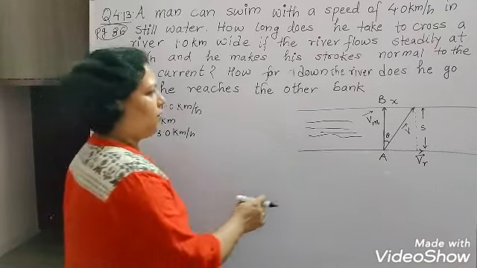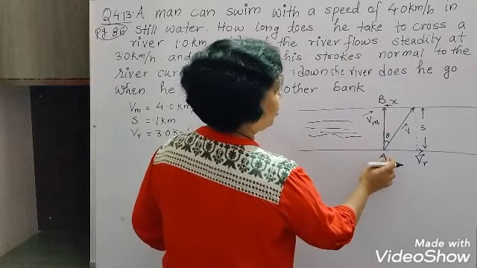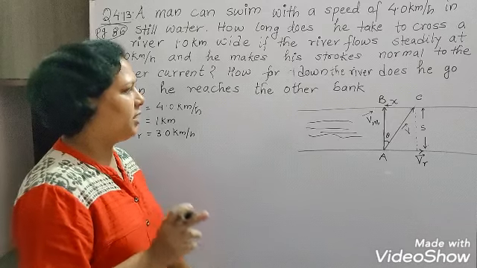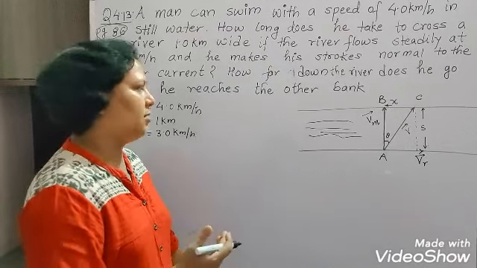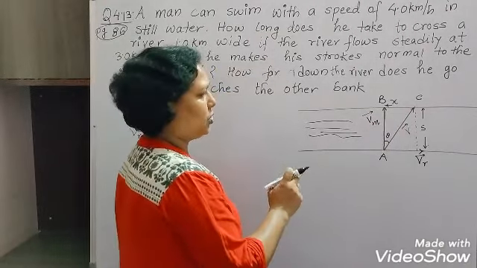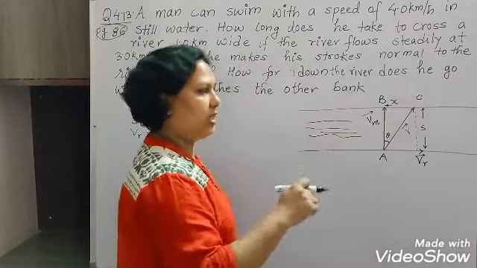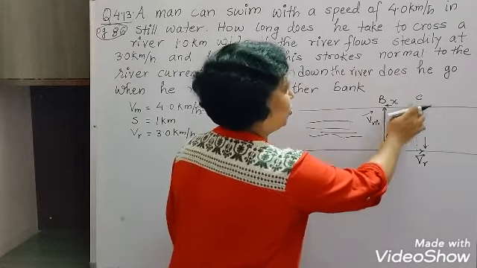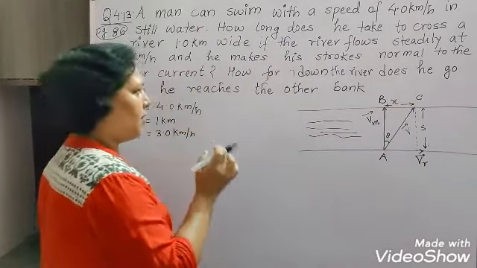That means he has to reach point B, but actually he is reaching point C, as in the case which we have seen earlier. When the boat is going from point A to B normal to the river current, the boat which has to reach B is reaching C. In the same way, this man, who is going from A to B, will reach C. That means he will be X distance down the river.